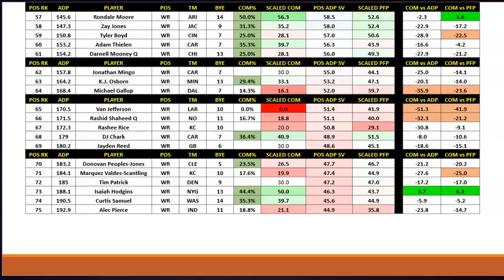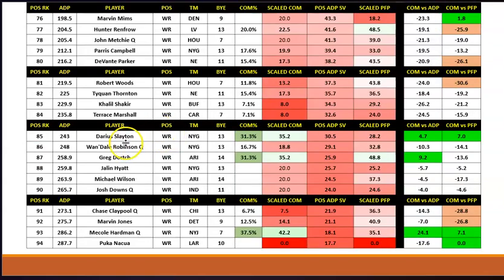Okay. Getting deeper still, Isaiah Hodgins is intriguing. Rondale Moore is intriguing. So they kind of jump out at you. Slayton's intriguing. Greg Dortch's intriguing. Marvin Mims. Hardman. Puka is intriguing.